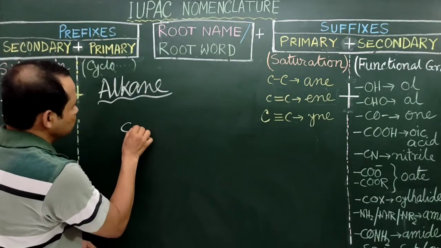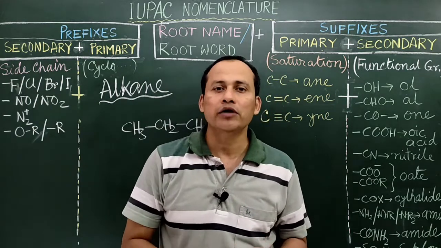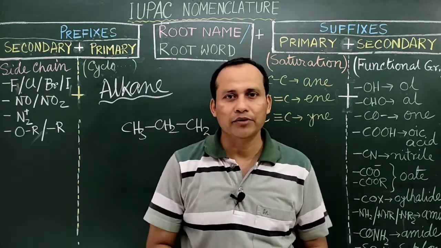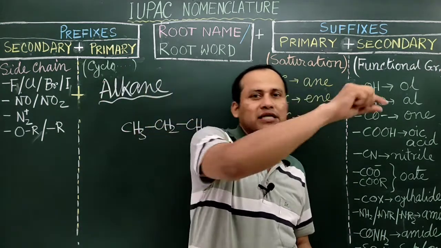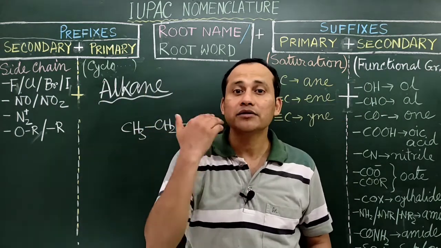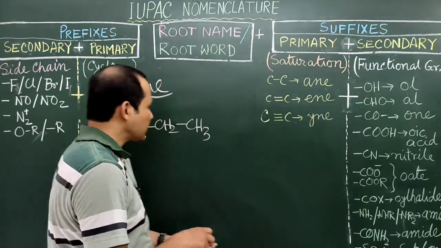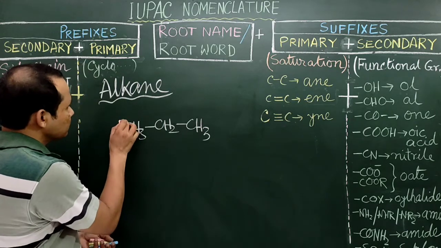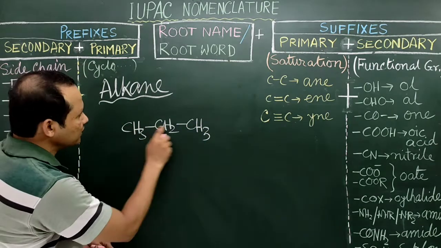Let us consider this compound. There are some rules to follow in order to give the name of this compound. Now the first rule is to find out the longest carbon chain. Again, what does longest carbon chain mean? Longest carbon chain means how long we get carbon one after another.